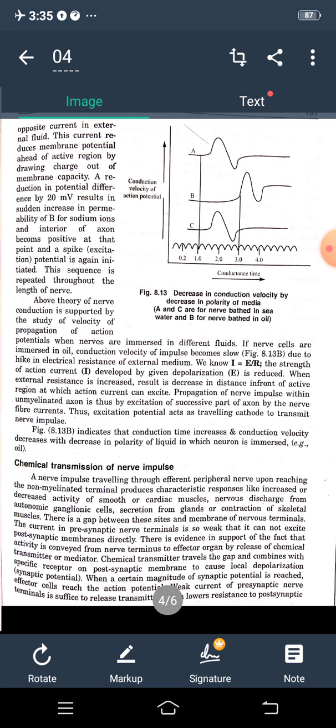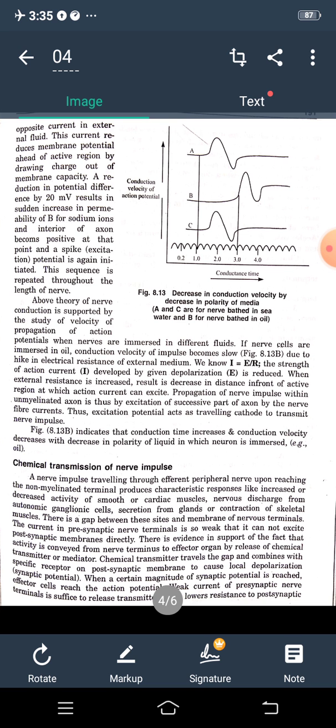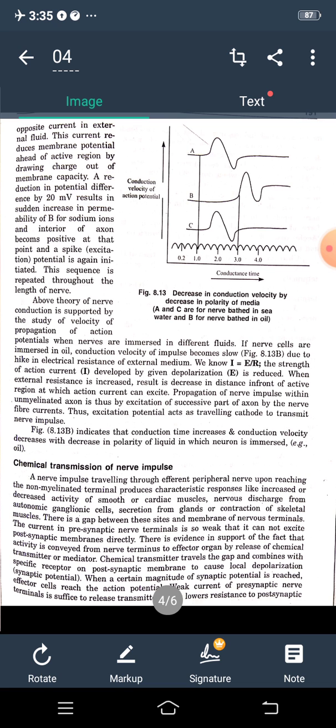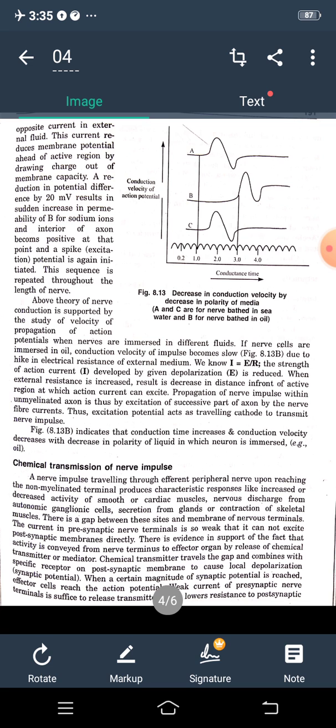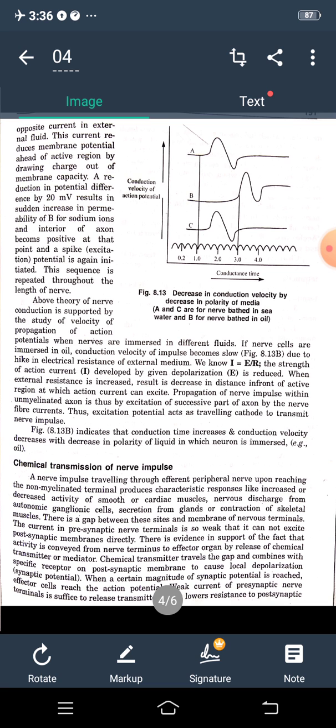When the external resistance is increased, the distance in front of the active region at which action current can excite decreases. Propagation of nerve impulse within the unmyelinated axon is thus by excitation of successive parts of the axon by the nerve fiber current.